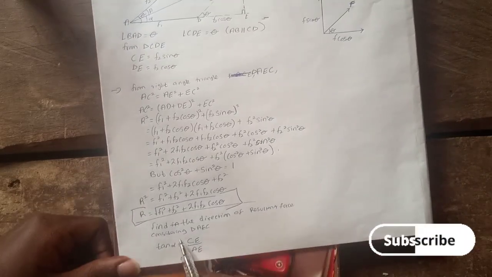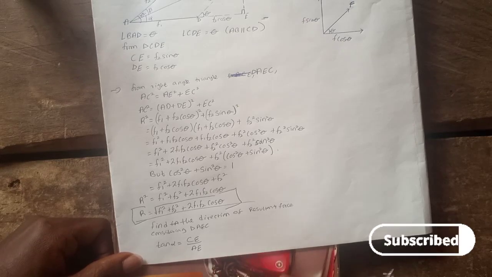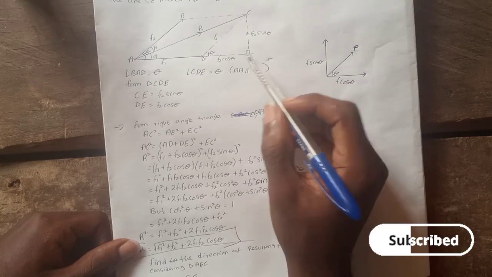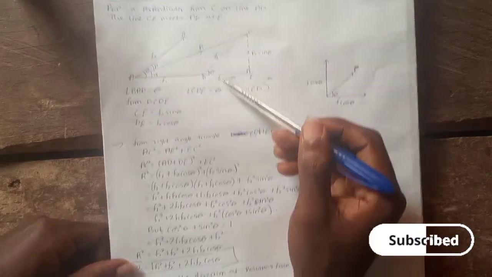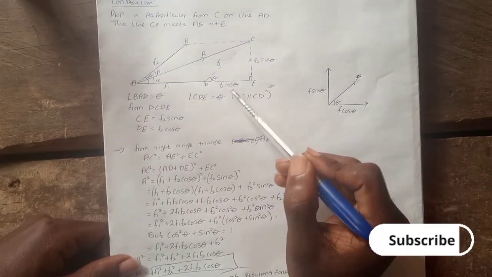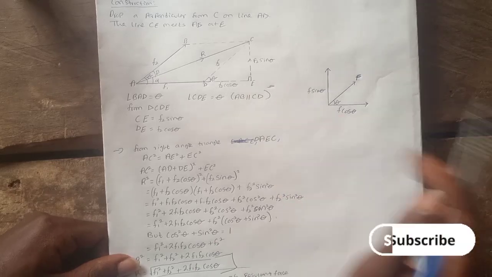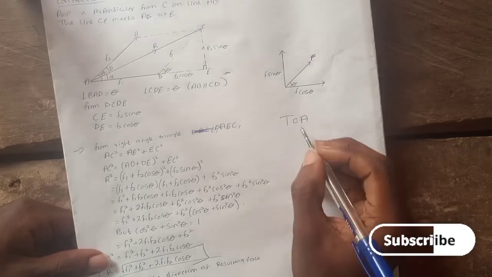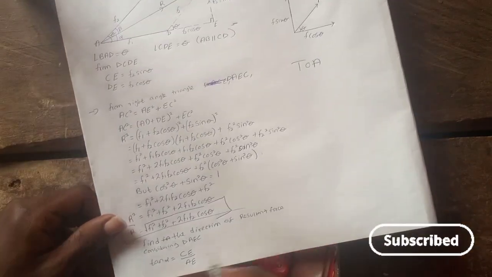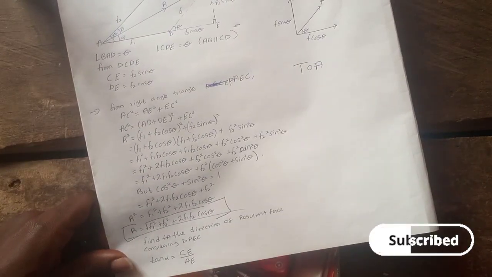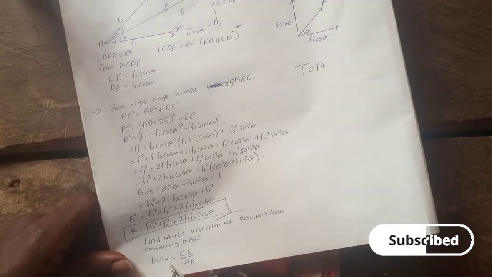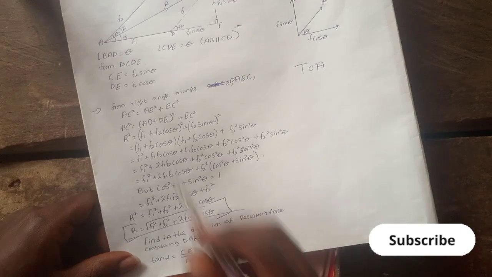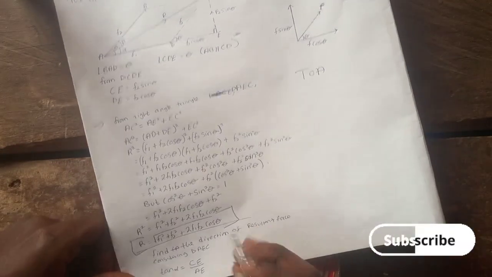And then if we are finding the direction of the forces, we know these are the sides of the forces. We have adjacent and opposite, and we can use tan. This is tan, opposite over adjacent. So it will be tan alpha equal to CE, which is the opposite, over adjacent, which is AE.